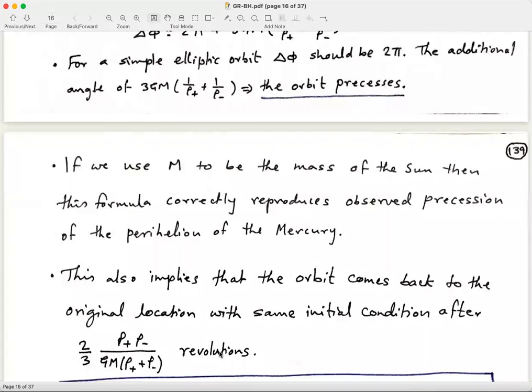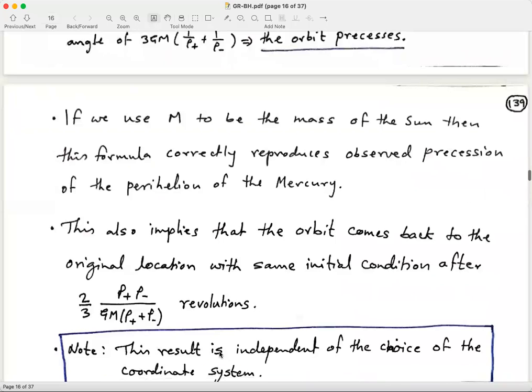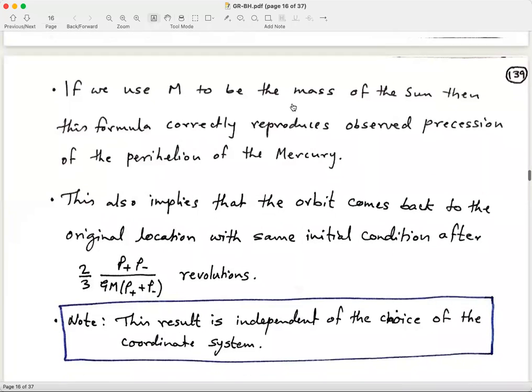So here's some estimate of this. If we use m to be the mass of the sun, then this formula would correctly reproduce, well, there's no real estimate really, I haven't done this calculation, it would reproduce the observed precession of the perihelion of Mercury.